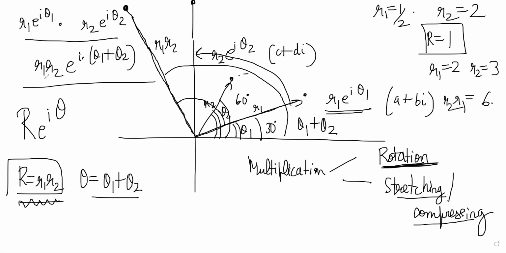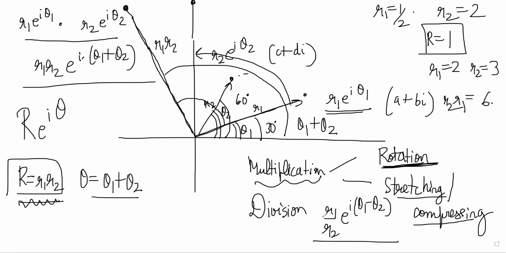So rotation plus stretching and compressing, that is your multiplication. Obviously, division follows the same logic. Division will give you R1 by R2 e^(i(theta 1 minus theta 2)). In multiplication you rotate anti-clockwise; in division you decrease the angle.